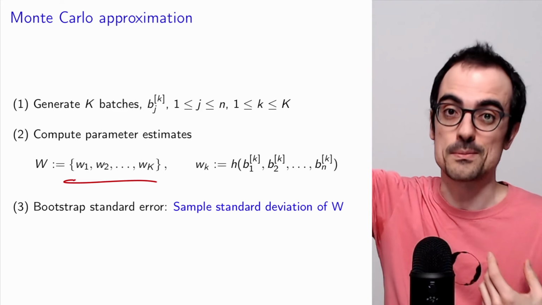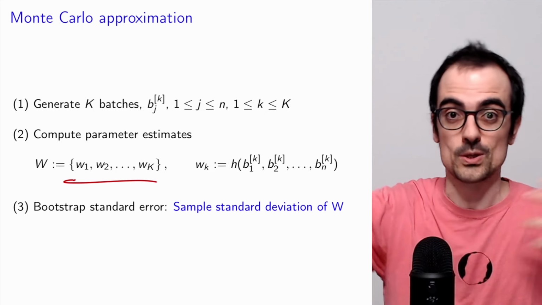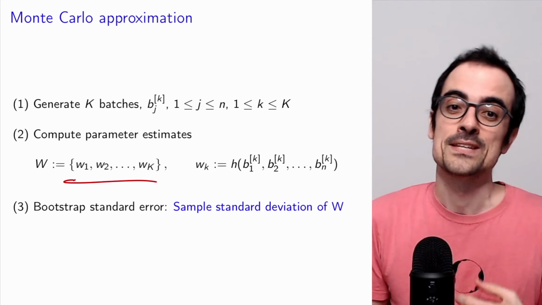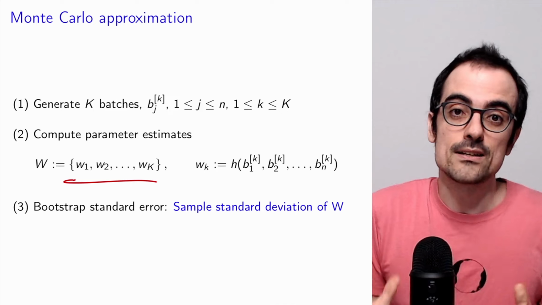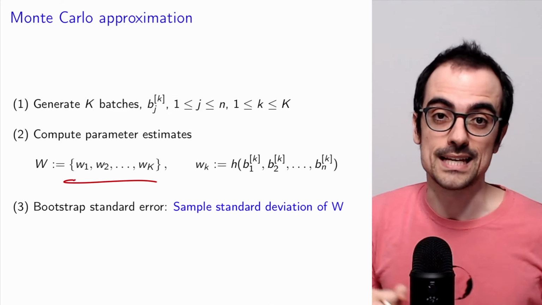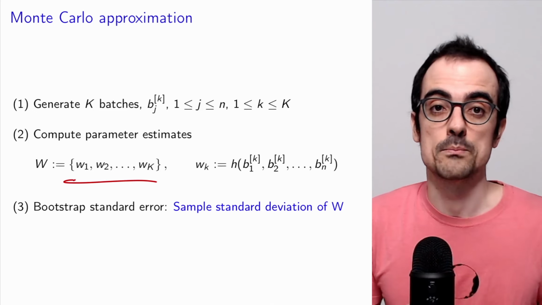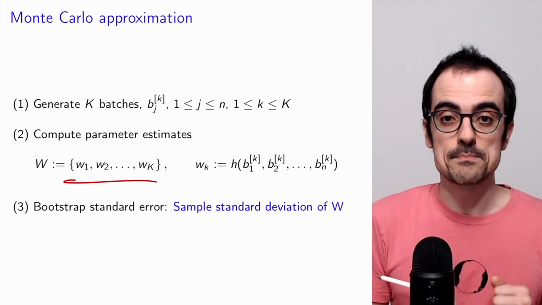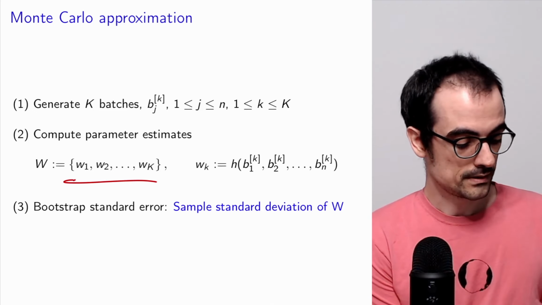If it was computed from the population samples, we would get a very good estimate of the standard error. Here we're estimating it from the bootstrap samples because we only have n data points. That is what we call the bootstrap standard error. It's the sample standard deviation of these estimates.